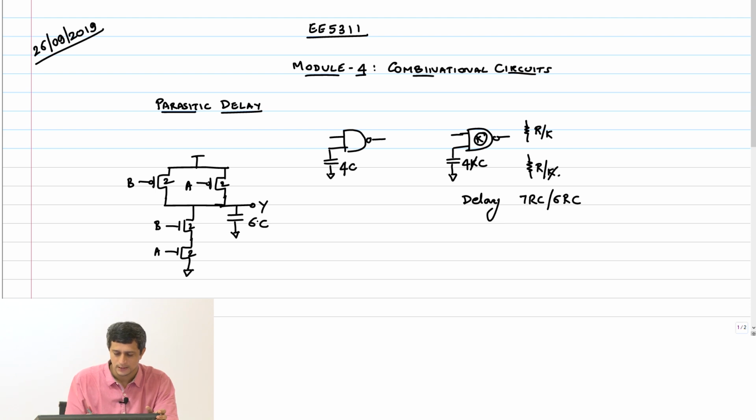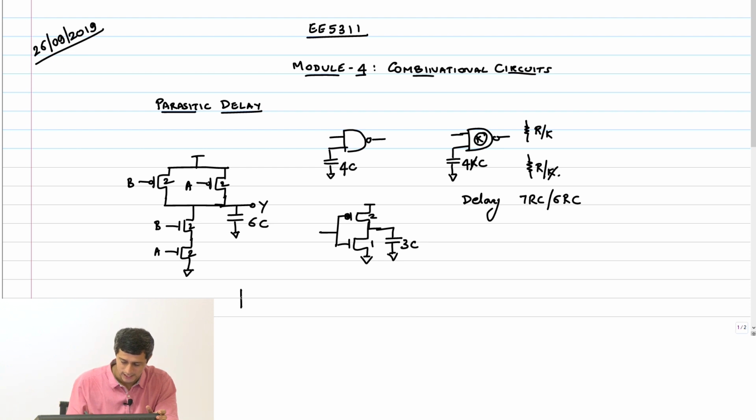If this is 6C, you just divide it by the capacitance of a unit reference inverter, which is 1, 2, and this is 3C.